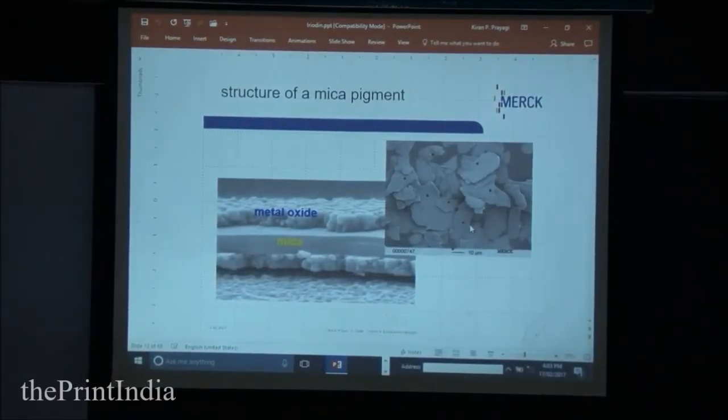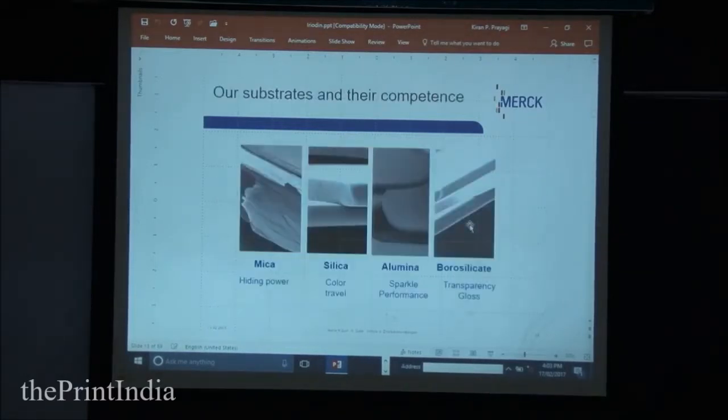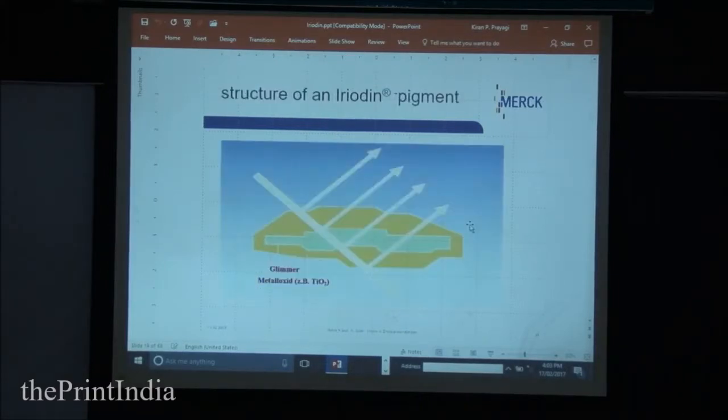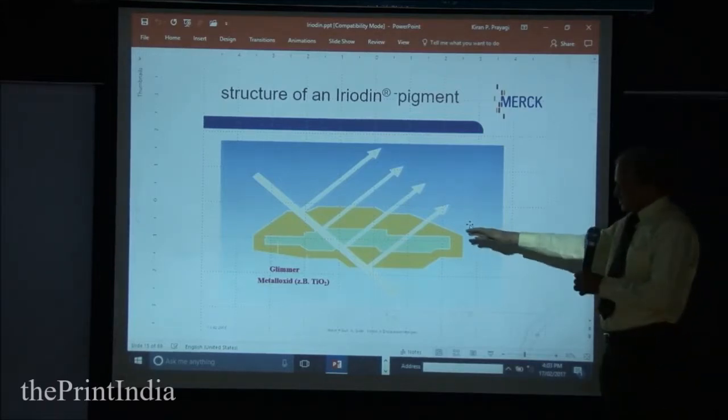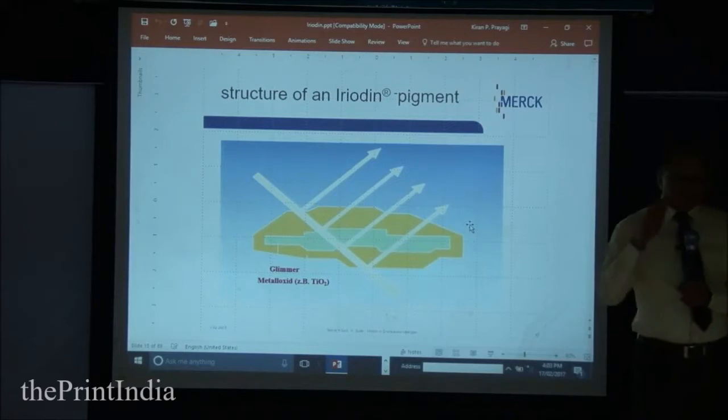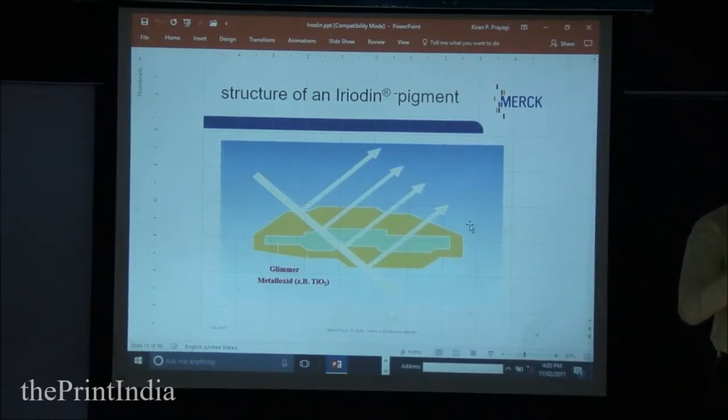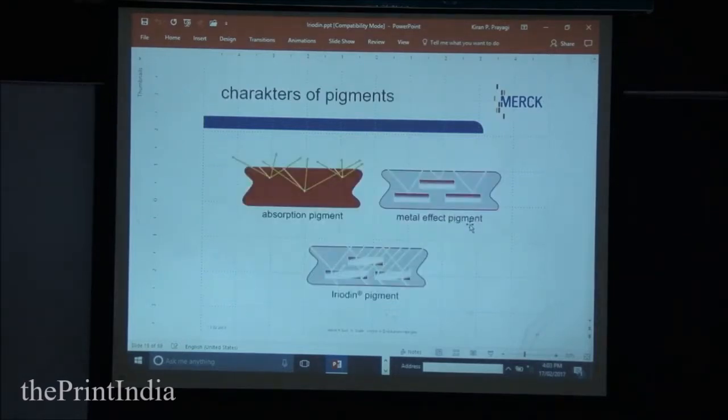Okay, there's a metal oxide, and the interesting thing is when light strikes, the reflection is selective. Some waves are passed through, some waves are reflected, but it's not like the normal pigment. See how it works.